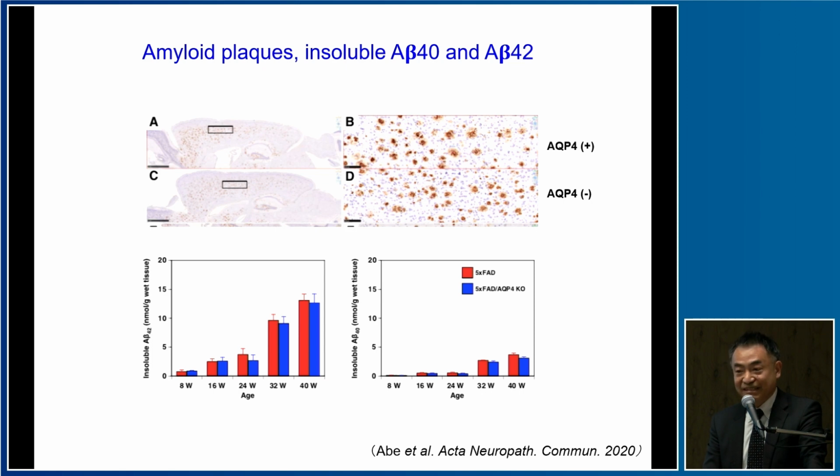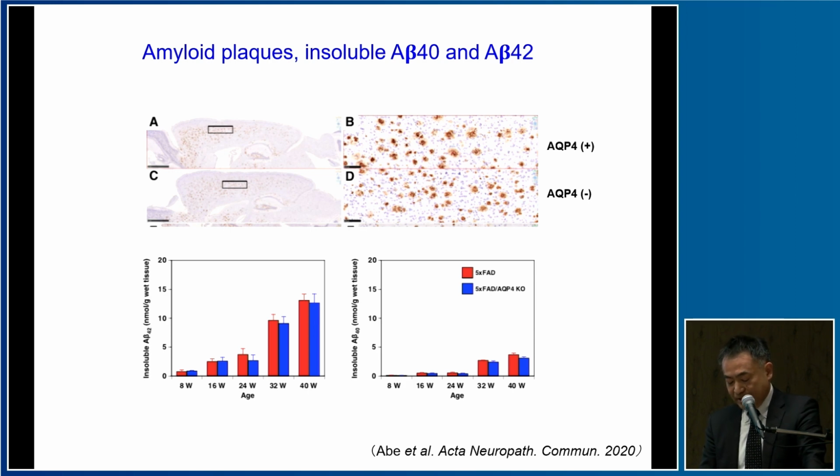You don't see any significant difference here. And actually, we quantified, and there is no significant difference. Amyloid plaque itself increased between 24 weeks and 32 weeks, but there is no difference between Alzheimer's disease transgenic and combined, red and blue.